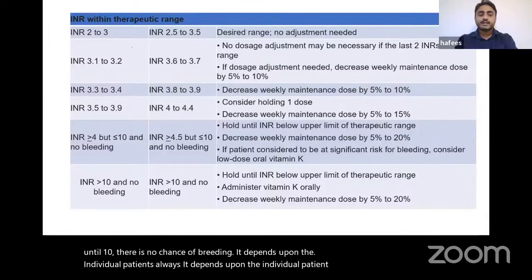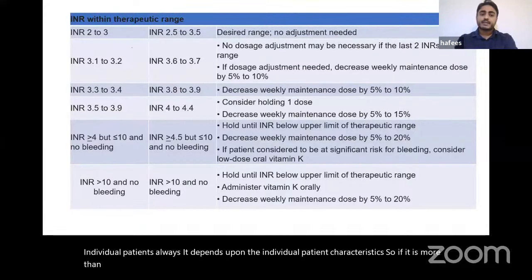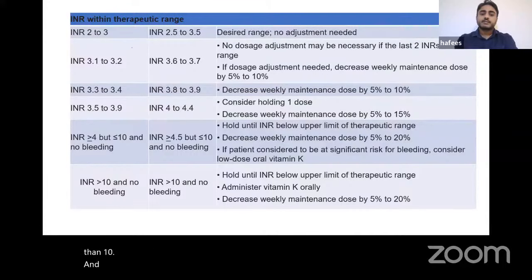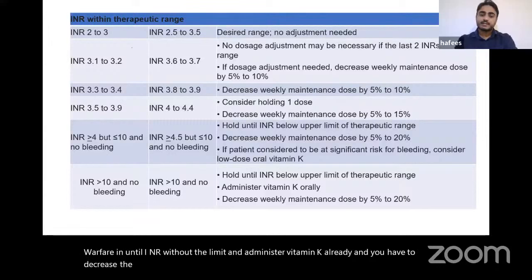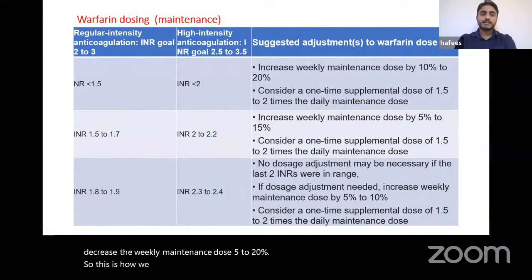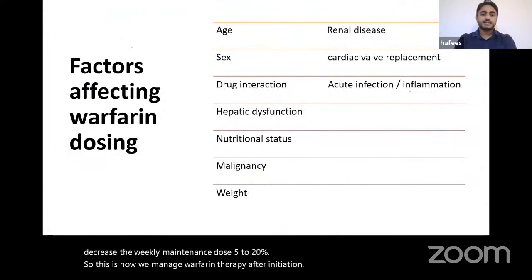So if it is more than 10 and no bleeding, you have to hold warfarin until INR is below the limit and administer vitamin K orally. And you have to decrease the weekly maintenance dose 5 to 20%. So this is how we manage warfarin therapy after initiation and the maintenance dosing.